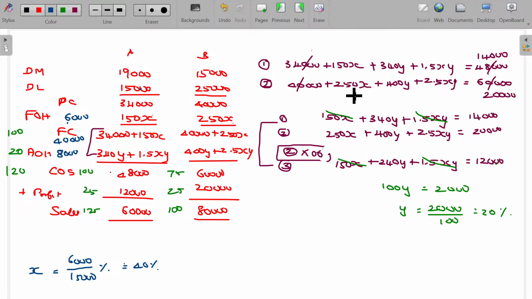Or you can substitute in one of the equations. I can substitute this value in equation 1.